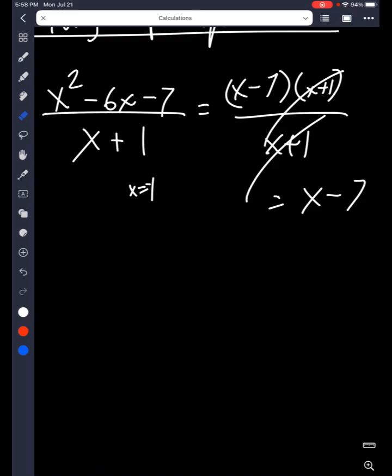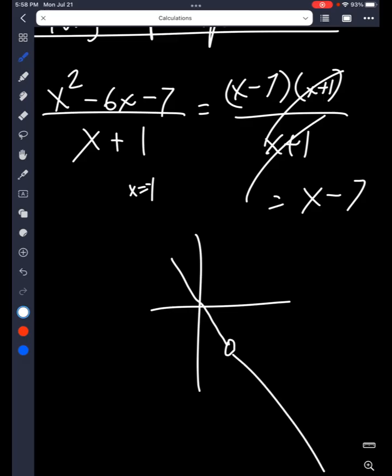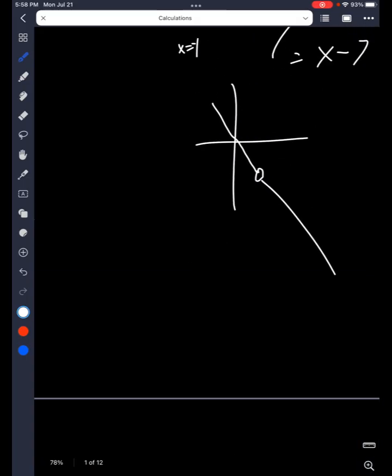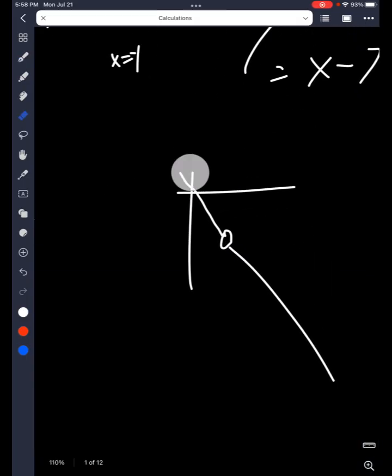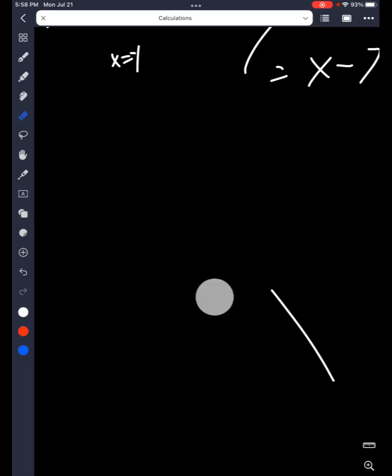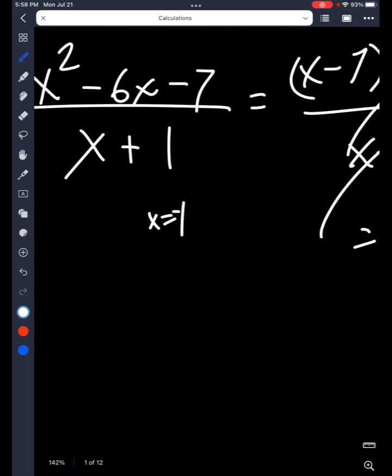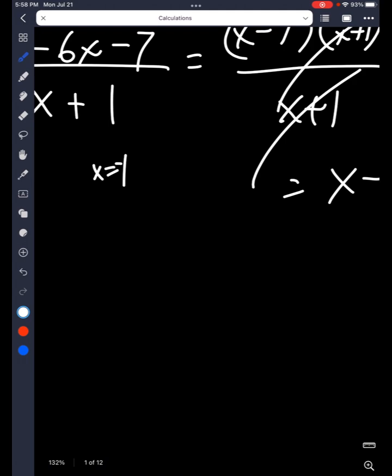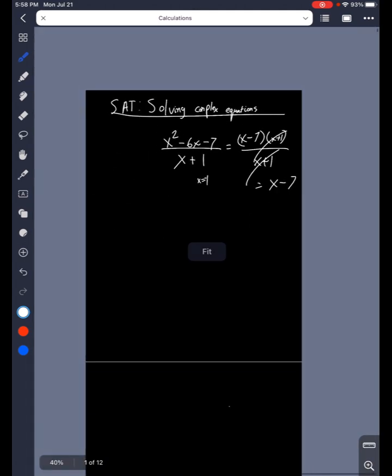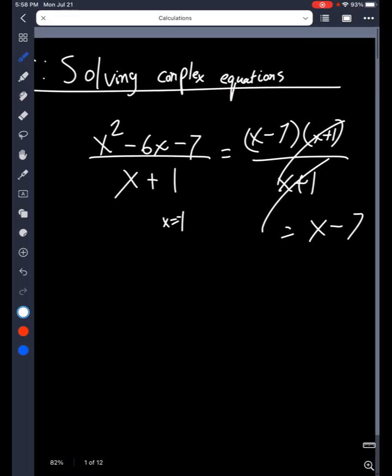It would be there if it existed. So you have your line, and then you have a hole here, and in the domain, all you need to say is x doesn't equal negative 1. So that's how you can solve this.